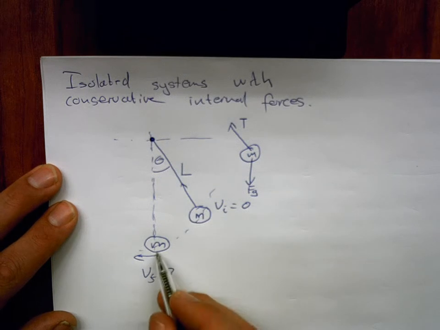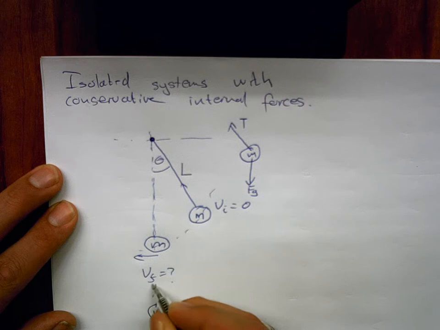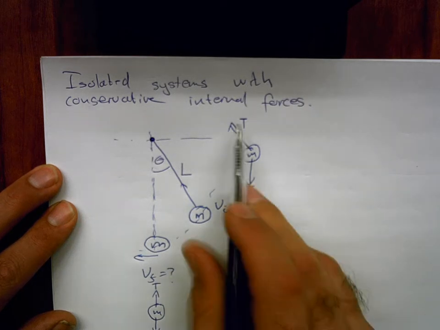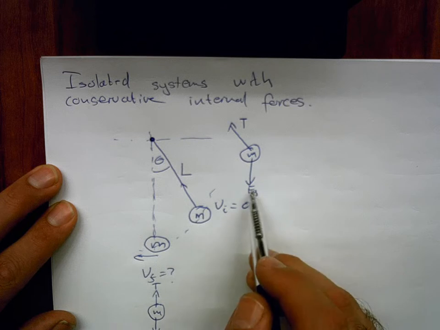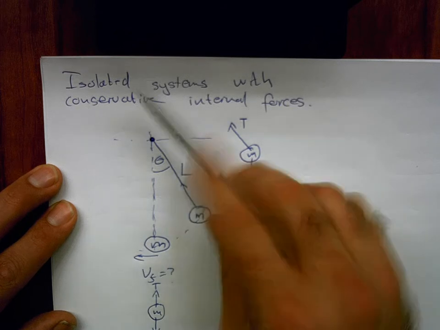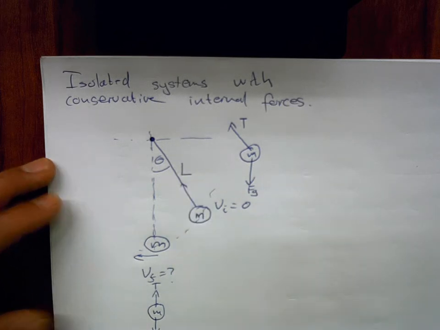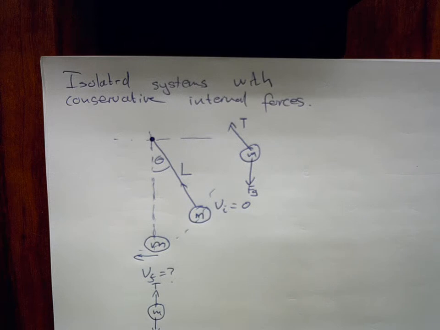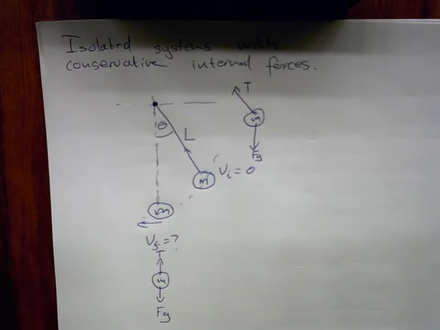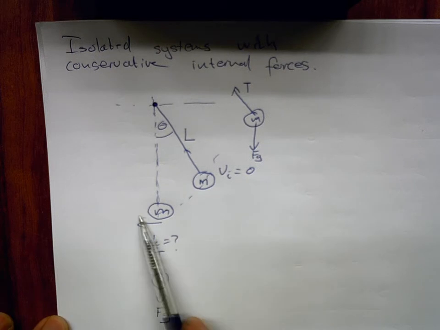If I draw a free body diagram of the mass over there, I've got tension pointing straight upwards and the weight pointing straight down. So the angle between the tension and the weight changes with time, and that makes this problem difficult to solve using Newton's second law. So we want to figure out what the final velocity will be when the mass is at the lowest point that it can be.